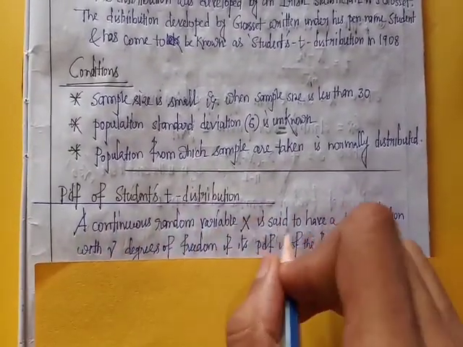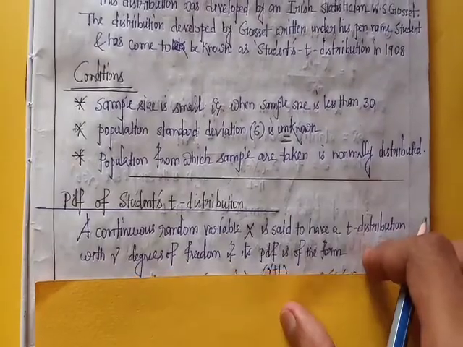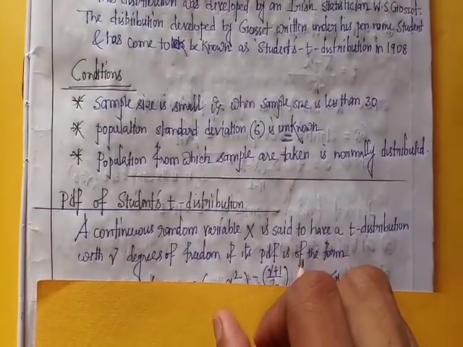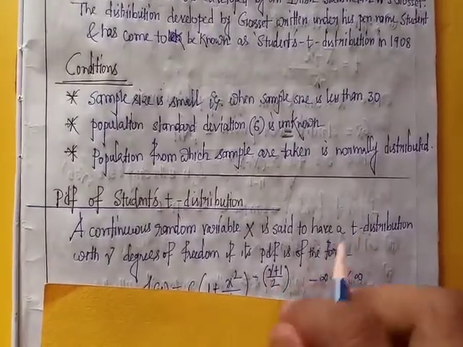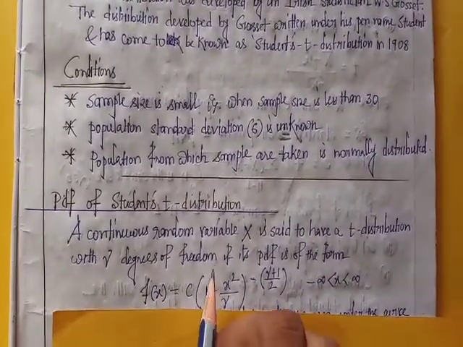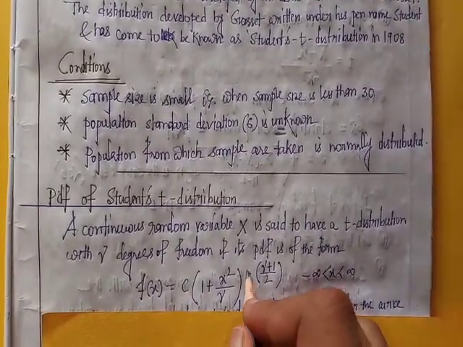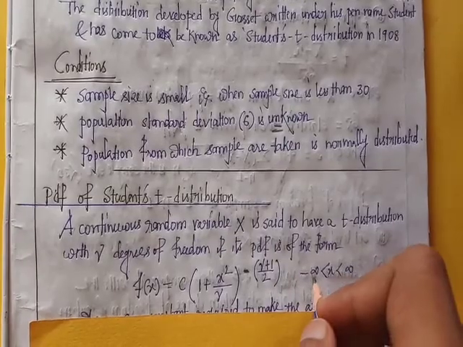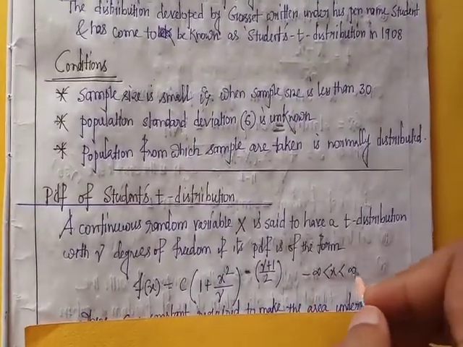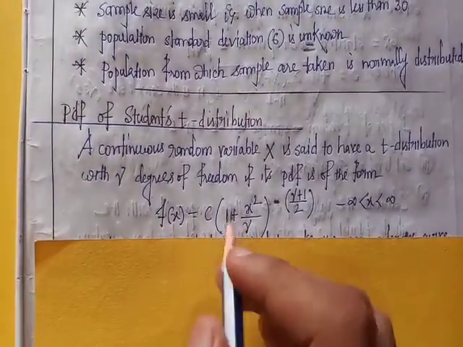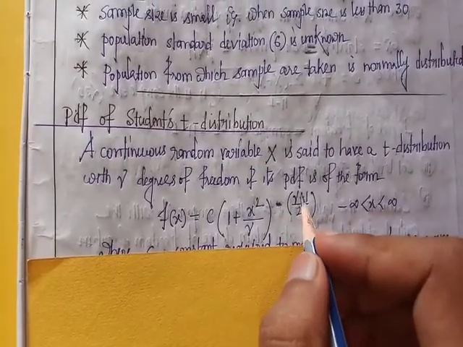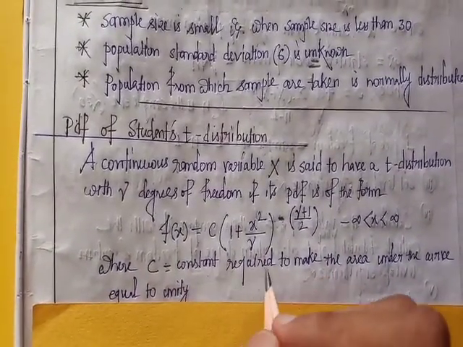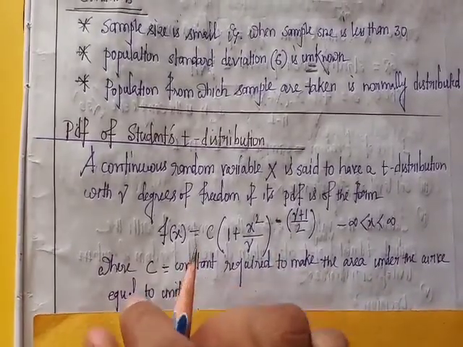A continuous random variable x is said to have a student t distribution with nu degrees of freedom if its probability density function is of the form f of x equal to c into 1 plus x square by nu to the power minus nu plus 1 by 2, where minus infinity less than x less than infinity, and where c is a constant required to make the area under the curve equal to unity, meaning 1.